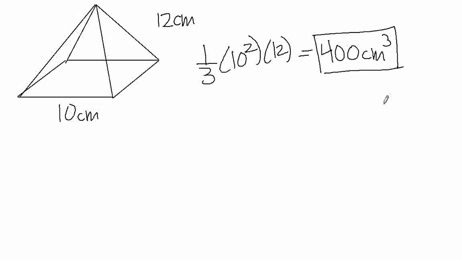Okay, what about the surface area? Can we calculate that? Well, finding the area of the base is pretty straightforward. What about the triangles? So to find the area of the triangles, let's do this.